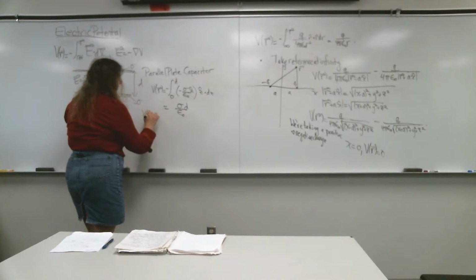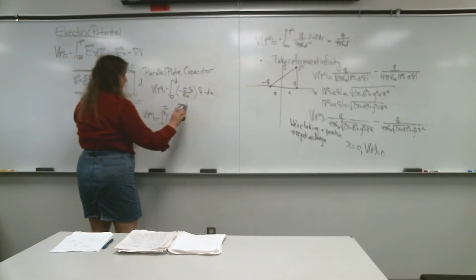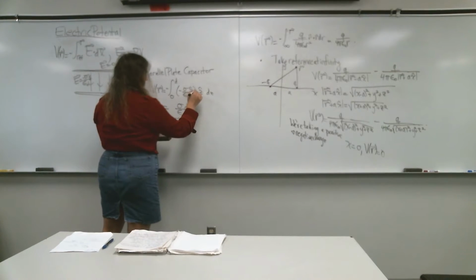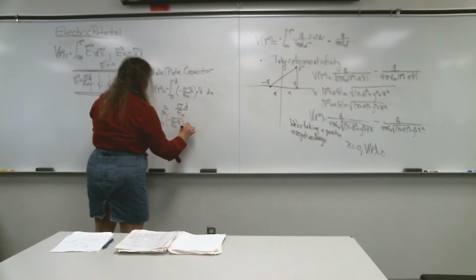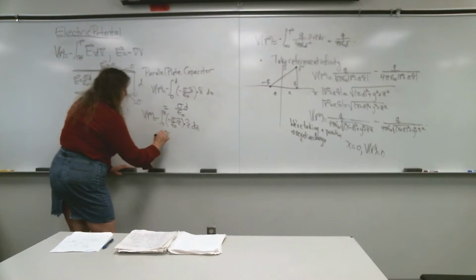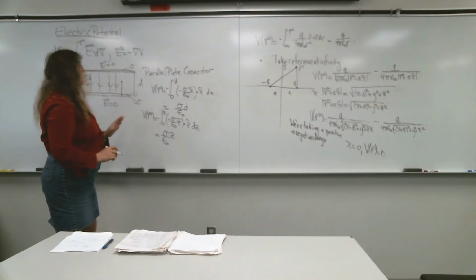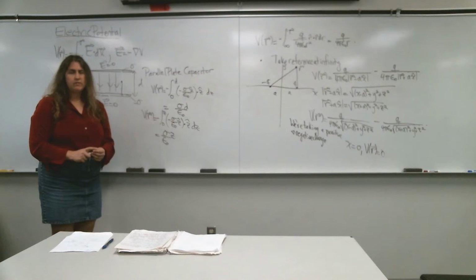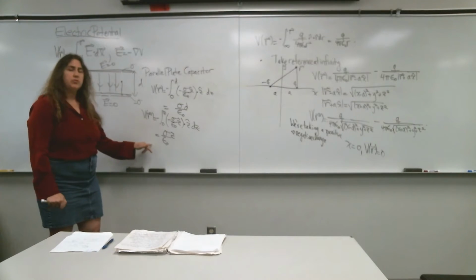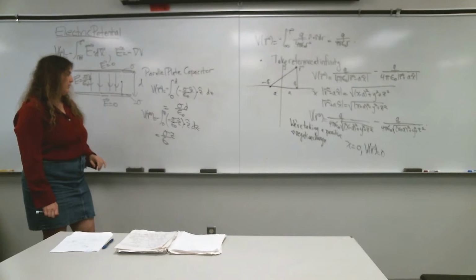Then my potential becomes sigma over epsilon naught z. So whereas my electric field is uniform between the plates and pointing downwards, my electric potential increases linearly as I go from the bottom plate up to the top plate.